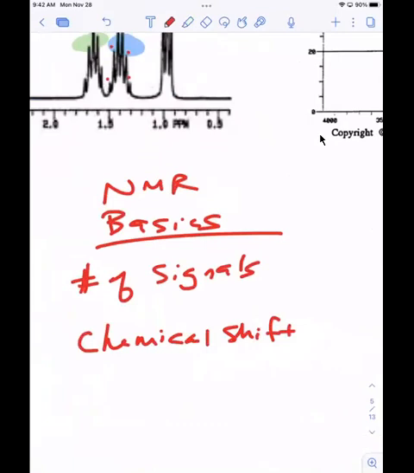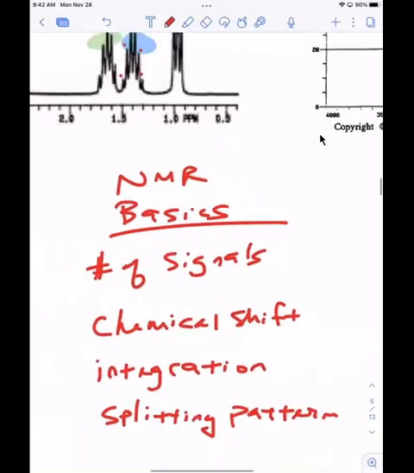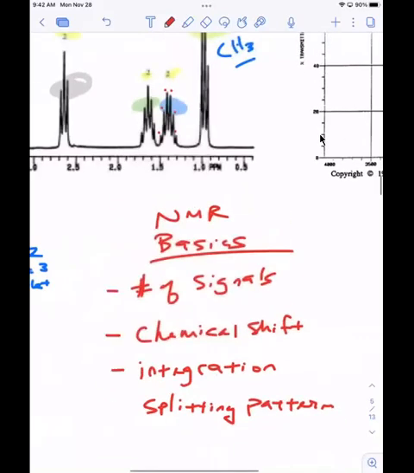Chemical shift, integration, and splitting pattern. The number of signals tells me how many non-equivalent sets of protons I have.